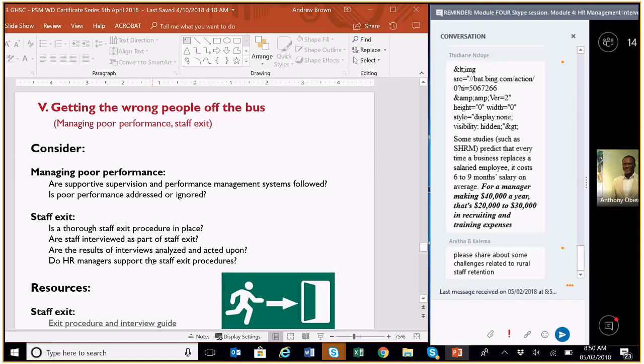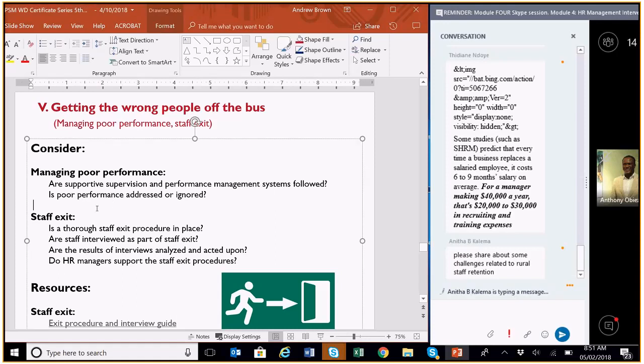And there's been a lot of work done by WHO and others about things to consider even more specifically for rural staff retention. And in the 10-pager, you will notice that there is a document which summarises the evidence about how to retain staff in rural and remote environments. And I would refer you to that particular document.